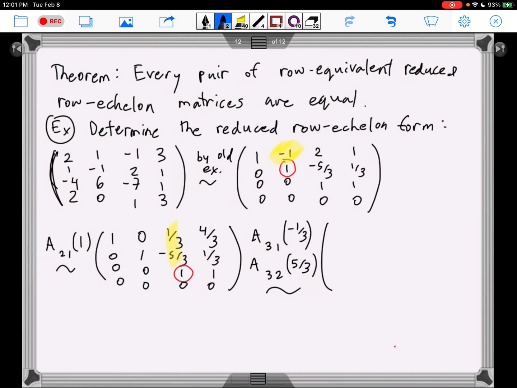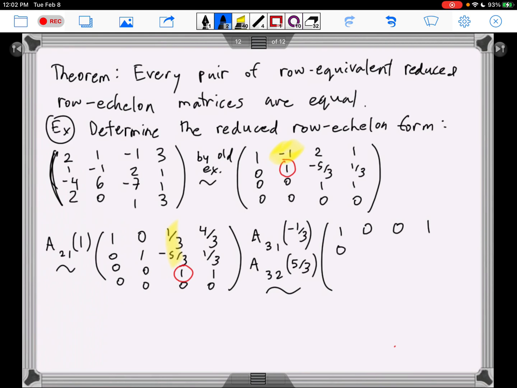What do we end up with? This is going to become a 0. I'm sorry, that was already a 0. We're adding negative 1/3 row 3 to row 1, so that's a 0. And then negative 1/3 times 1 is negative 1/3 plus 4/3 is a 1. So we get a 1 there.